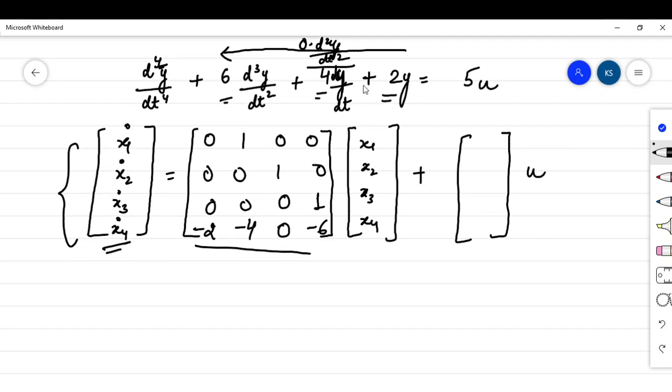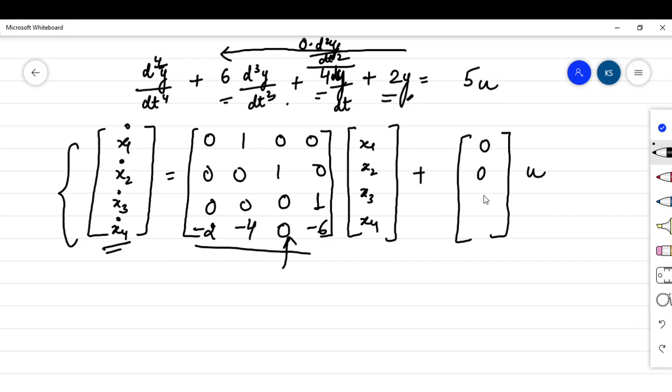You also have to observe that the order of the differential equation should be in increasing order, like y, dy by dt, d2y by dt2, d3y by dt3 and so on. If there is no element associated with any derivative, then we can take it as 0. So I have written it as 0 here. Now how to define input?